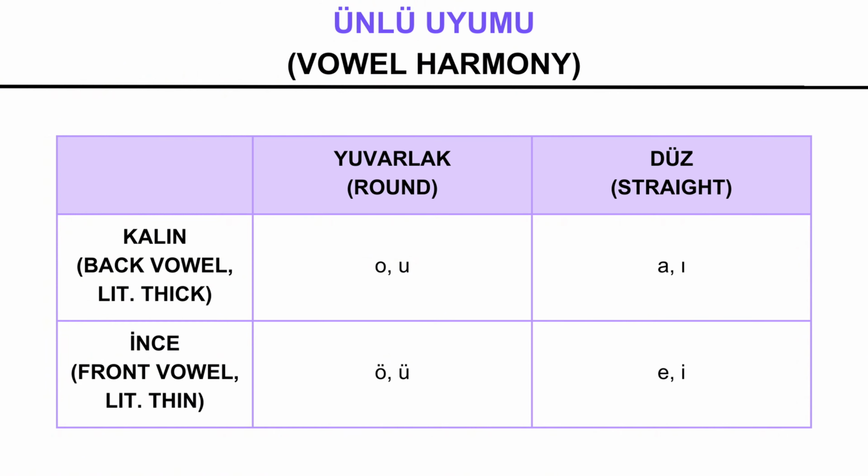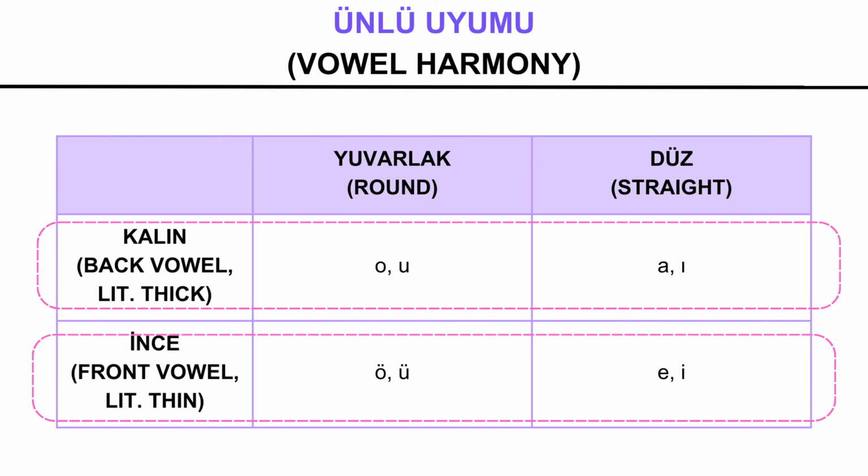The other category is yuvarlak or düz. Yuvarlak is round, düz is straight. Let's begin with kalın and ince. So kalın are o, u, a, ı.